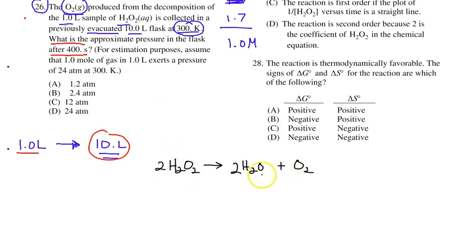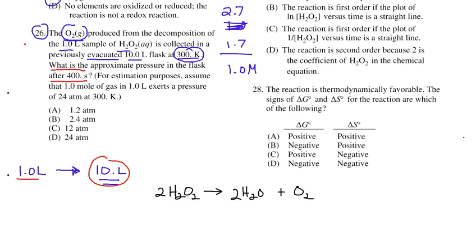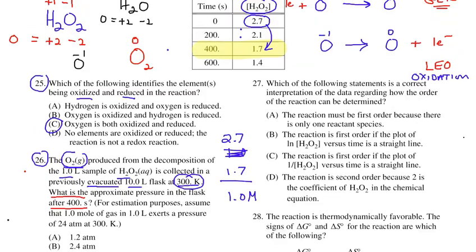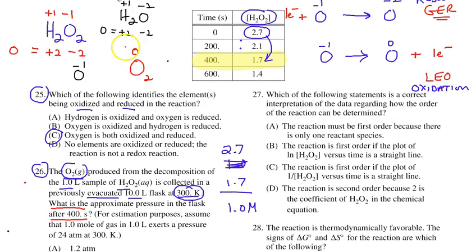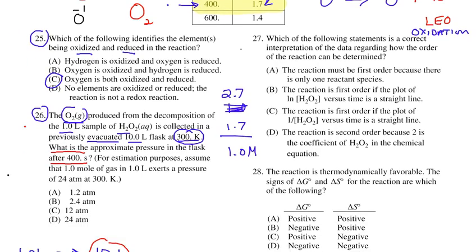This went forward, and as we said, it originally had 2.7 value, right from the table. It originally at time 0 we had a 2.7 molar concentration, and now we're at 1.7. So the difference in this time period is that there's a loss of 1, subtracting those two numbers.